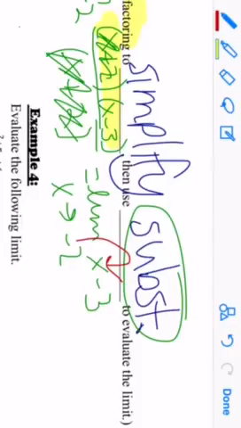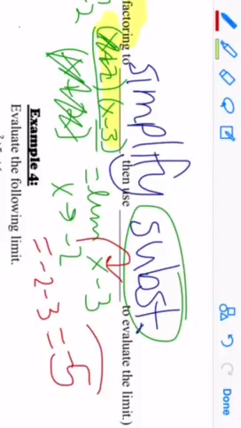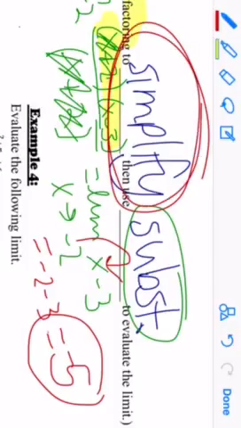Okay, so when we take the limit, we use substitution, and it'll be -2 minus 3, and that equals -5, okay? So if you did not simplify this and just plugged in -2, you would get 0 over 0. All right, that's why it's important to simplify. Common factors cancel out, and then we substitute in our value at the end.